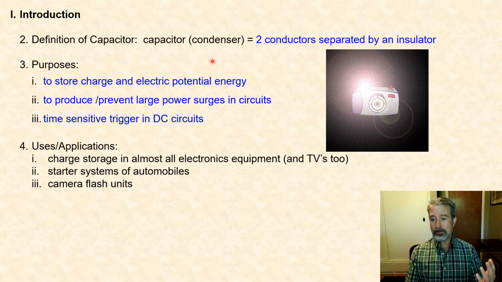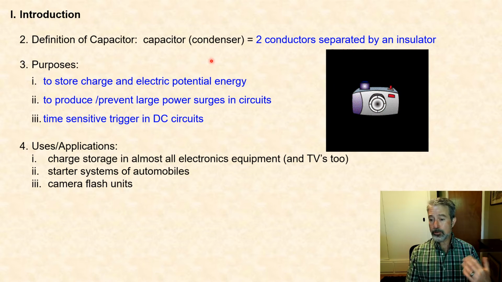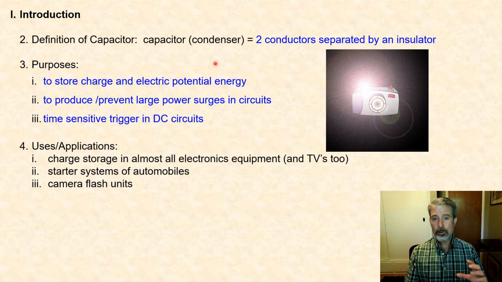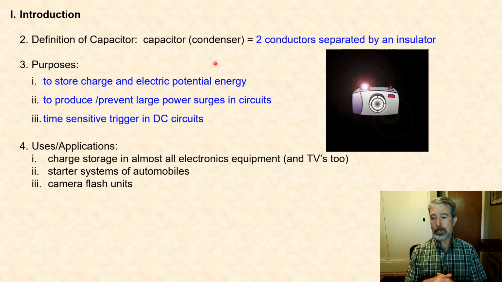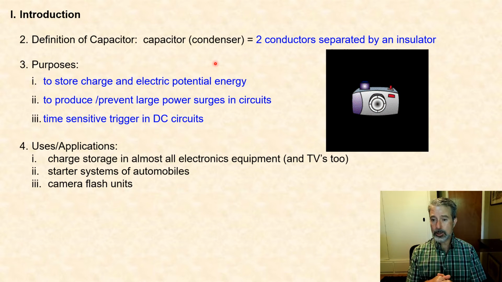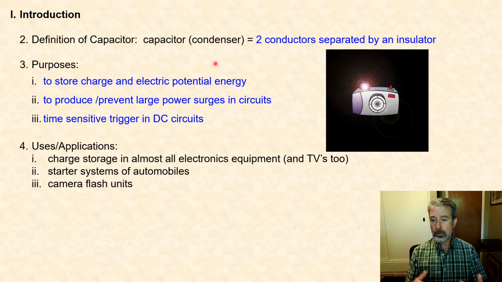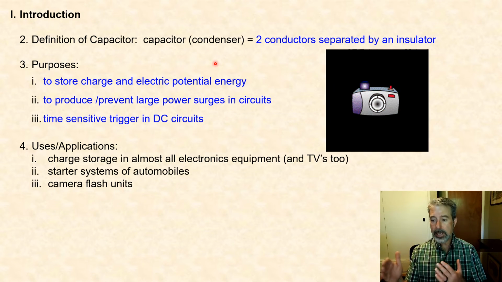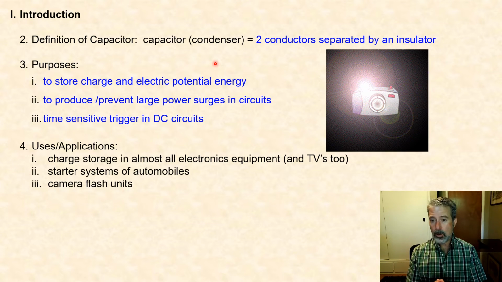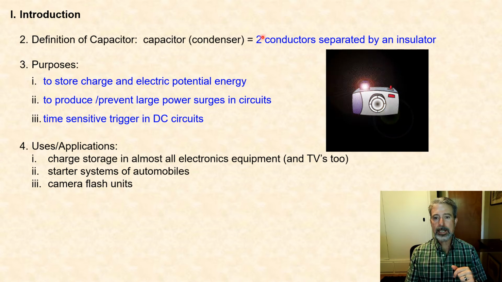And in the original cameras with these flash units, you may recall that it took a long time for that flash to recharge. You could not take pictures successively because capacitors take time to charge. A battery cannot produce a lot of power, so a battery can slowly charge the capacitor, which can then release that charge quickly to produce a lot of power, but that all takes time.